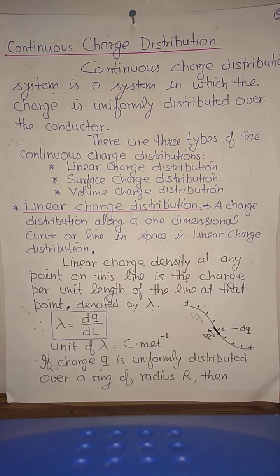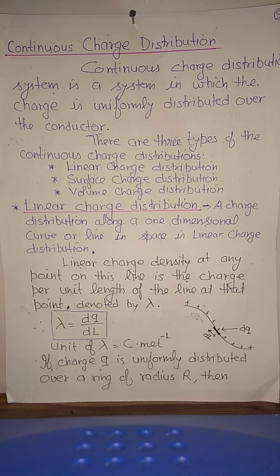Students, now I am going to explain another topic of the same chapter, that is continuous charge distribution. What is it? When charge is uniformly distributed over a conductor in a space, this is a continuous charge distribution system.